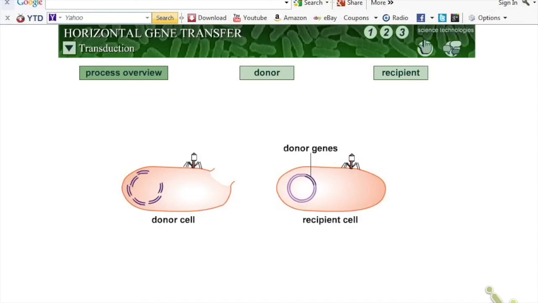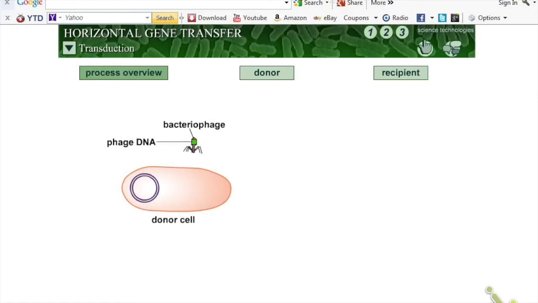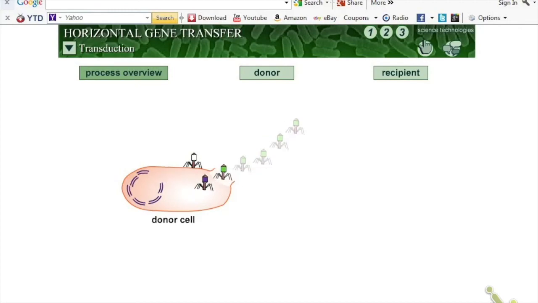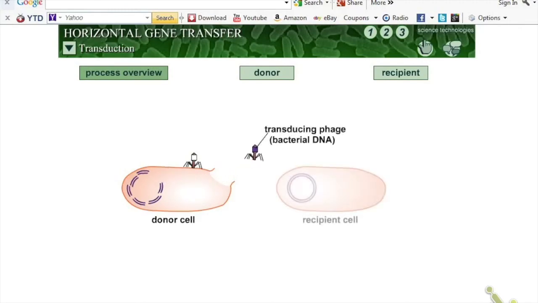In lytic cycle, as what happened into the first bacteria, the bacteria lyses. The other one is lysogenic cycle. When the bacteriophage infected the bacteria, the gene coming from the previous bacteria could be inserted into the recipient cell. So that's what you call transduction.